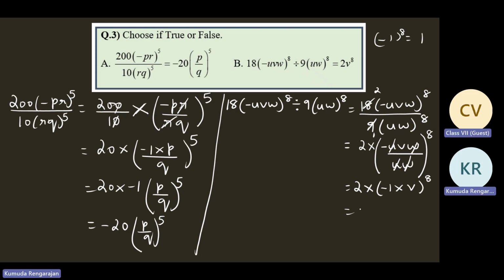So it will come out as 1. 2 into 1, bracket V, whole to the power 8. 2 into 1 is 2, so it is equal to 2 V to the power 8. You can remove the bracket also. Correct? So is it true or false? True.